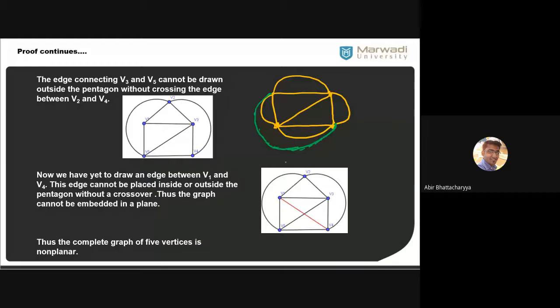Similarly, lots of graphs are there. Like if I ask you, what about Petersen graph? Think and tell me, Petersen graph is planar or non-planar?